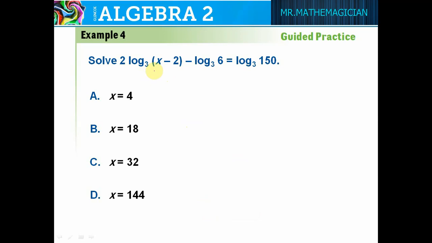This is your turn to solve. Try to pause the video and choose whether A, B, C or D, and you will find it C. Let me show you how. I will take this 2 to the power, so this will be log x minus 2 all to the power of 2 base 3 minus log 6 base 3 equals log 150 base 3.